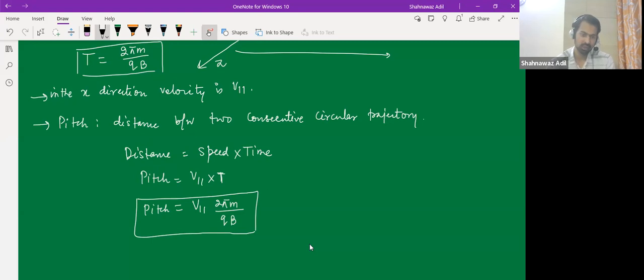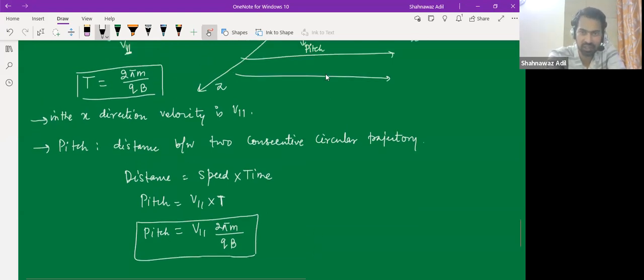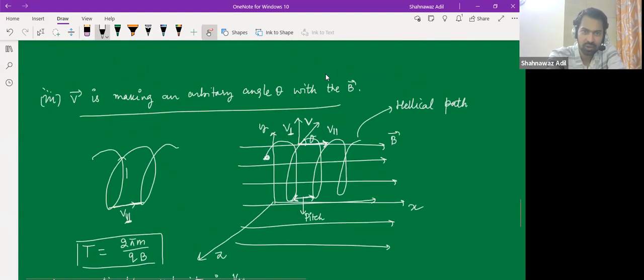Okay, so you guys have seen the spring, right? If you stretch the spring, then the circular form would be distorted, so it will have a larger pitch, right? Yes, sir.